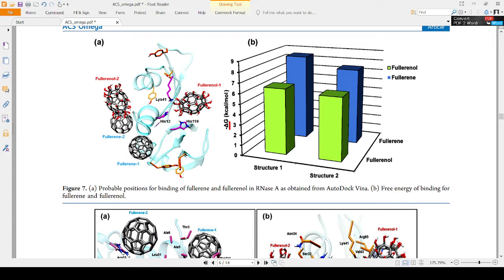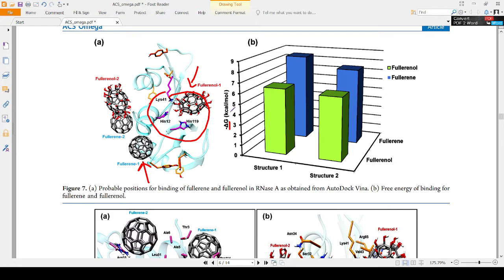The structures 1 and 2 are the two different positions of attachment of fullerene and fullerenol. Here it can be seen that fullerene and fullerenol attach to a common position apart from the active site. This is actually the active site, where fullerenol attaches, and fullerene attaches away from the active site.